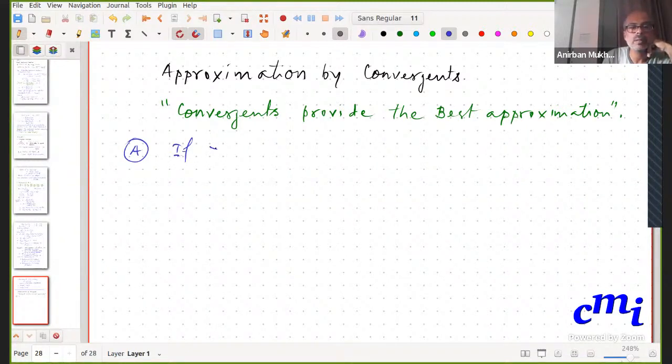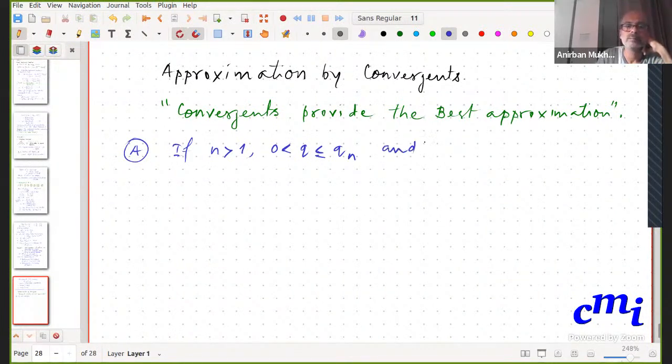If n is greater than 1, and 0 less than q less than or equal to qn, so q is a non-zero integer between 0 and qn. Here qn and pn are our fixed notation, the convergents to the continued fraction of x.